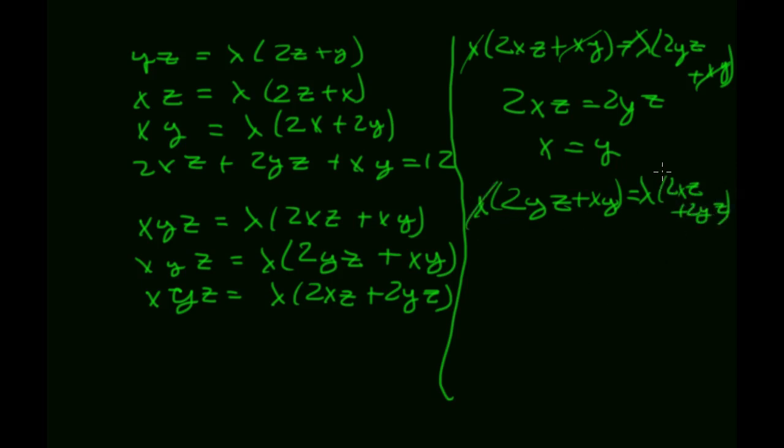The lambdas go away. The 2YZs go away, so I know that XY is equal to 2XZ, which means that Y is equal to 2Z. So now I know that X is equal to Y is equal to 2Z.